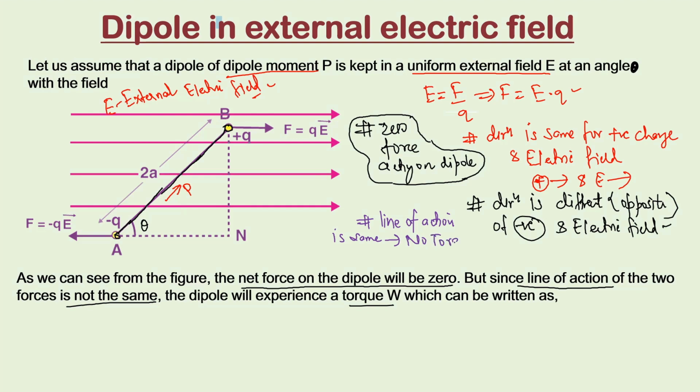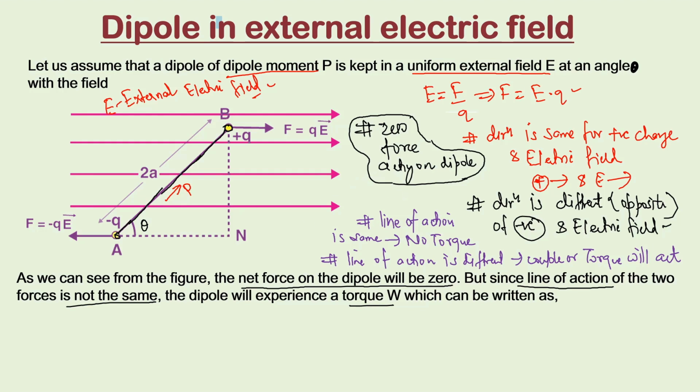If the line of action is different, then a couple or torque will act, which helps the dipole to rotate.